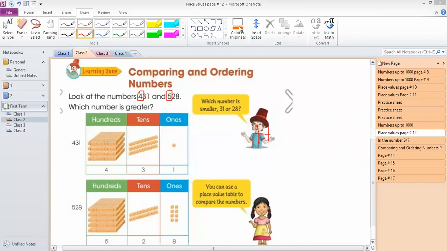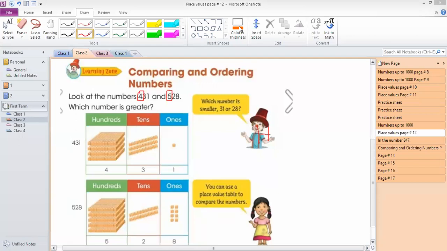Why 4? Because 4 is less than 5. On the hundreds place, 431 is having 400 and 528 is having 500. So 5 is bigger than 4 and 4 is less than 5.